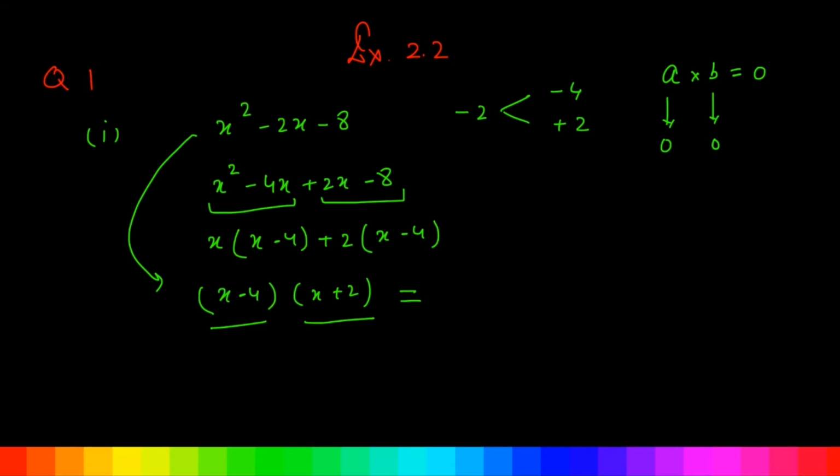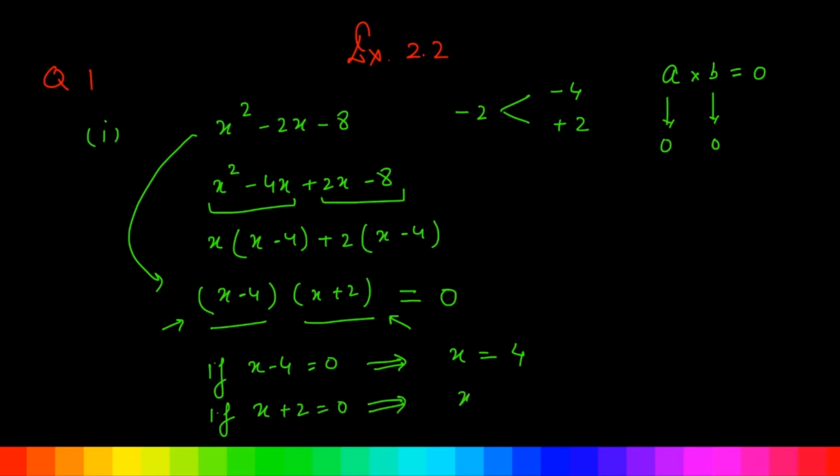If the product of these two factors is equal to 0, it means either x minus 4 is equal to 0 or x plus 2 is equal to 0. If x minus 4 is equal to 0, it means x is equal to 4. And in case x plus 2 is equal to 0, then the value of x is equal to minus 2.